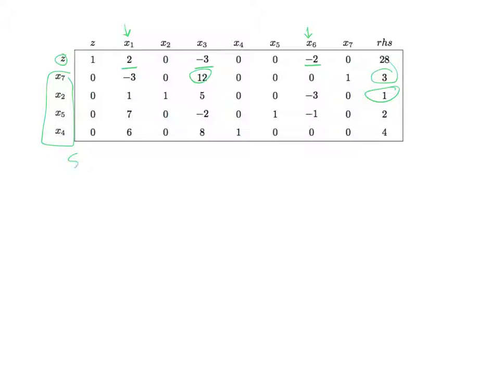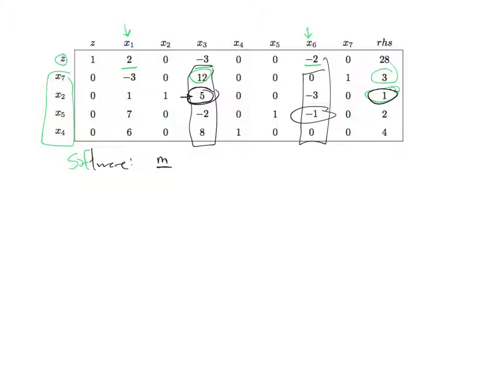In the software, you just hit M. If we have the cursor anywhere in this column, it'll move it to the row that has the minimum ratio, M for minimum. So if we go to this column, put the cursor there and hit M, it will flash, I think.